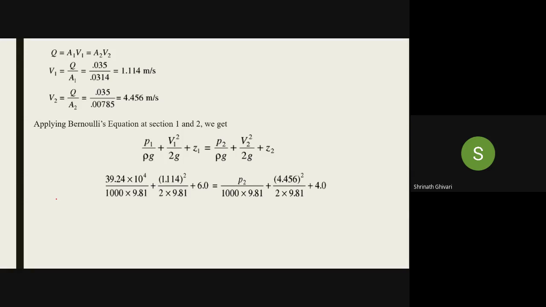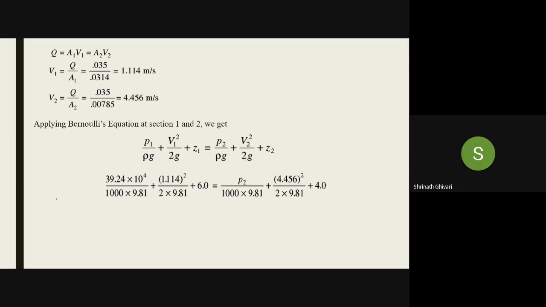Tell me the answer fast. Sir, 441.94 into 10 raised to 3. 441? Sir, 40.27 into 10 raised to 4 Newton per meter square, sir.